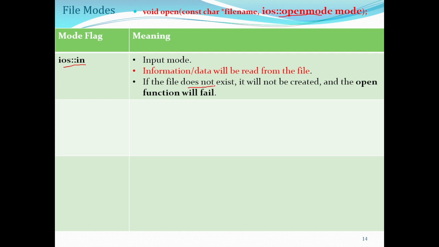If the file doesn't exist in the system, in the target folder, we are not able to open it. There will be an opening failure, and the file will not be created, so there will be no new file in the target folder.